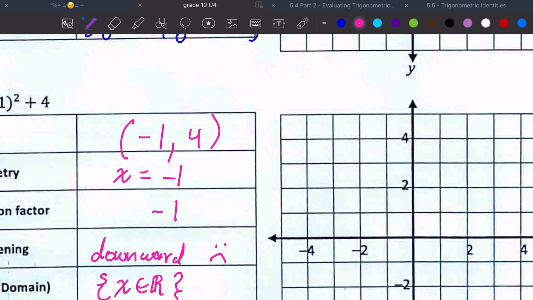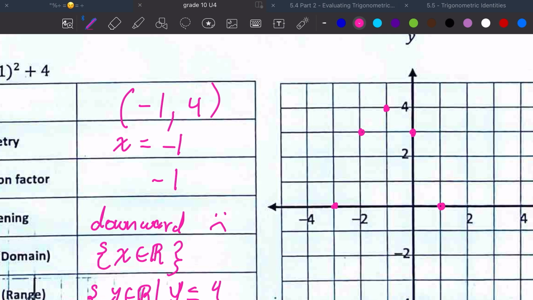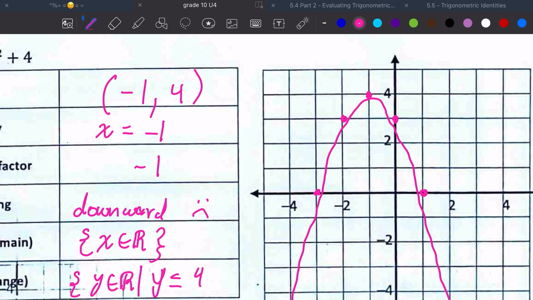And then to graph it, it's just like 1, 2, 3, and then 1, 2, 3, 4, 5. So here, and then we're just gonna graph it. Done. It's a really bad graph.